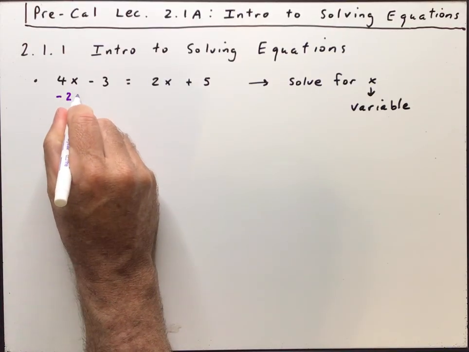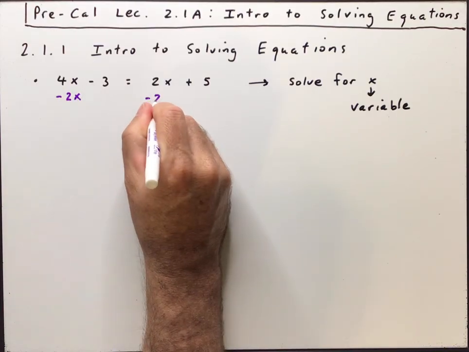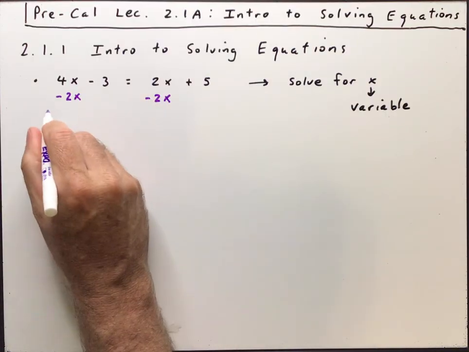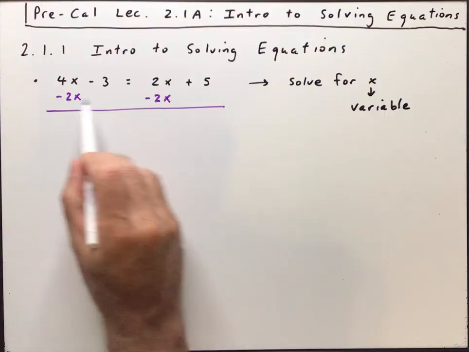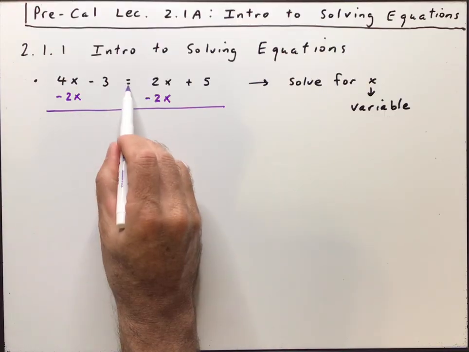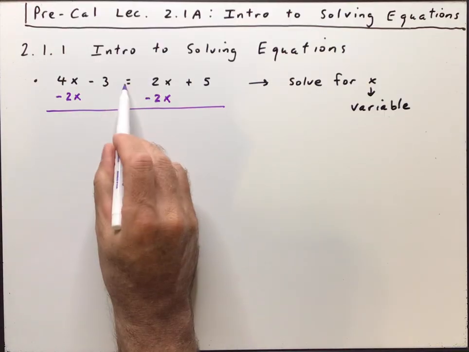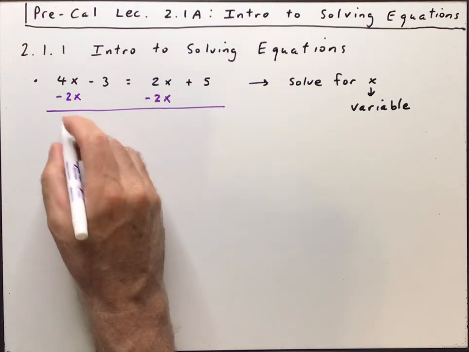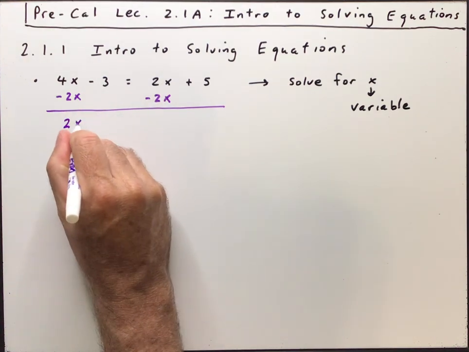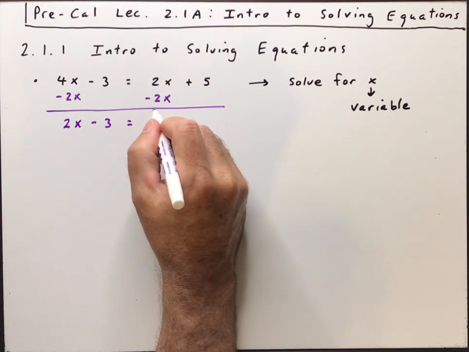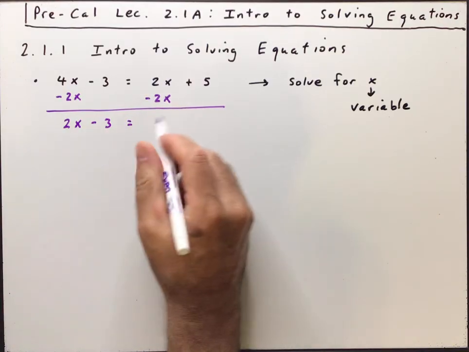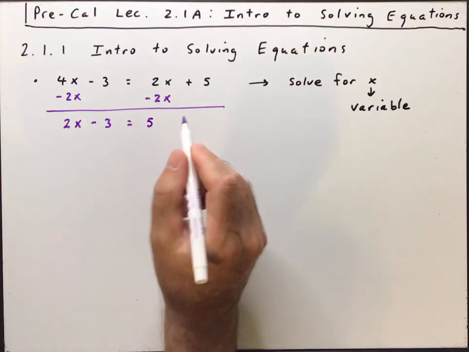If we subtract 2x, we have to do it from both sides. You can do the same operation to both sides and it's still an equivalency. Both sides are still equal. So that would be 2x minus 3 is equal to, and the x's are eliminated here, that's just 0, so equal to 5.